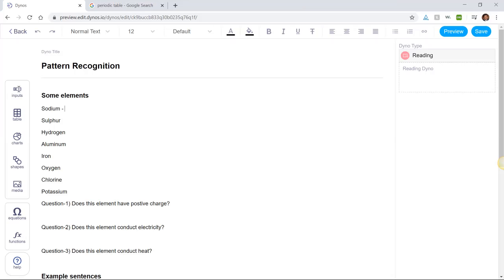Or neutral charge? I think it's positive. I'm just writing Q1 here. Sodium has positive charge, right? What about sulfur? Sulfur has positive charge or negative charge? Positive. I'm pretty sure. What about hydrogen?